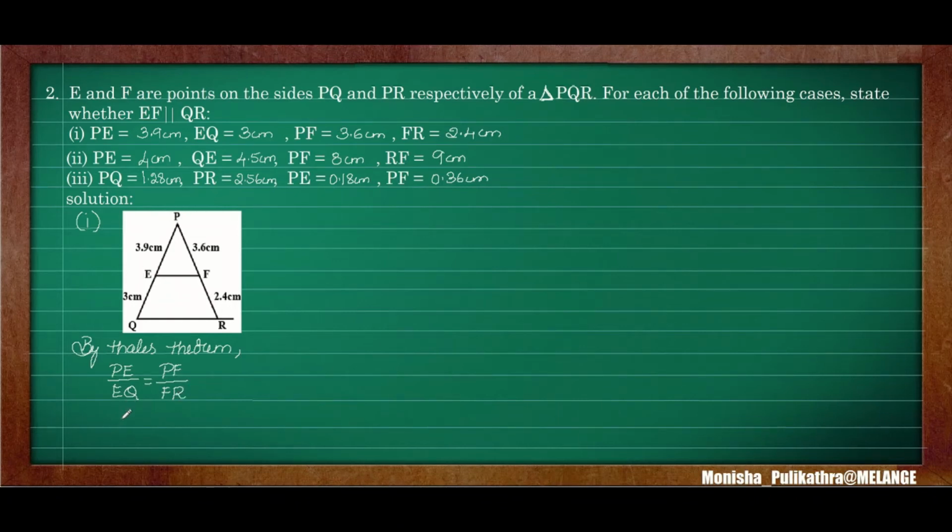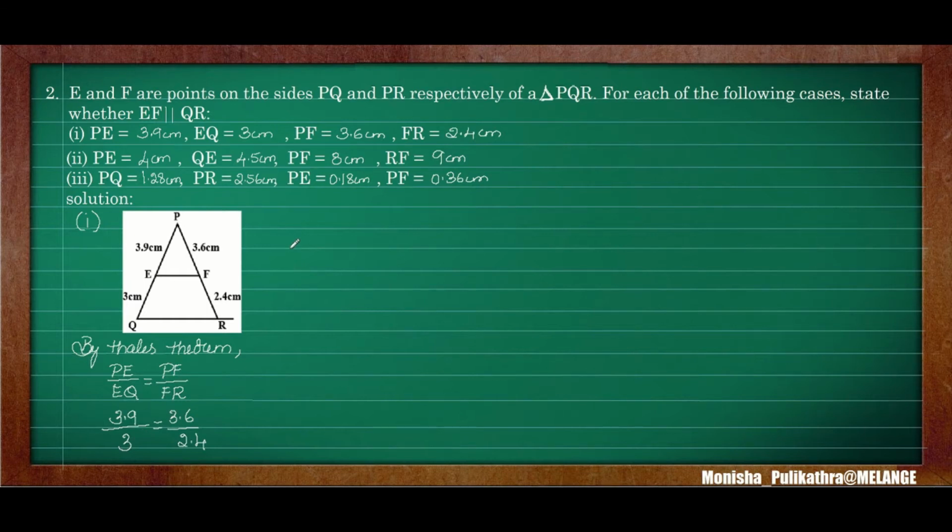So PE is 3.9 divided by EQ is 3, is equal to PF is 3.6 divided by FR is 2.4. We need to substitute the values for all the sides which are given.